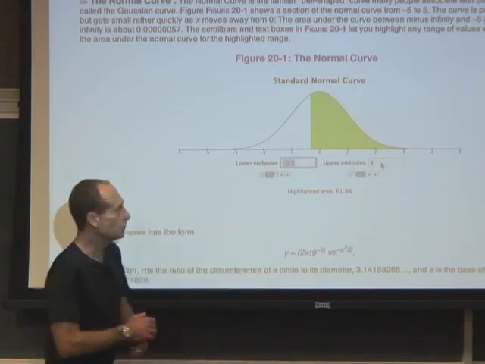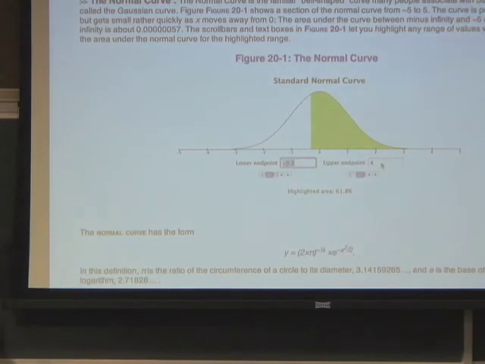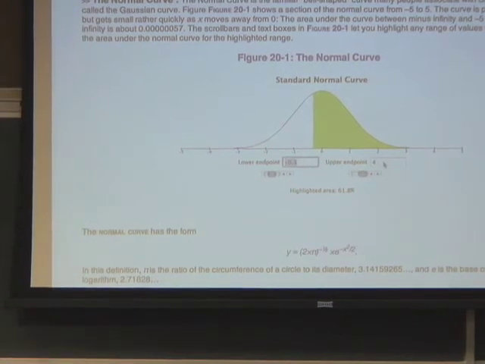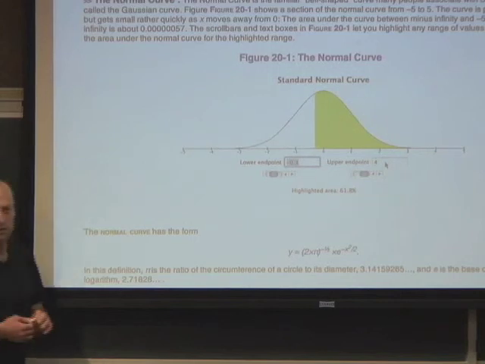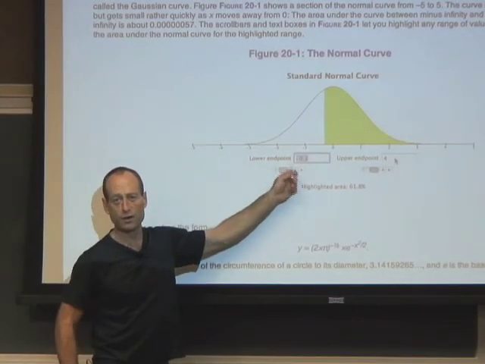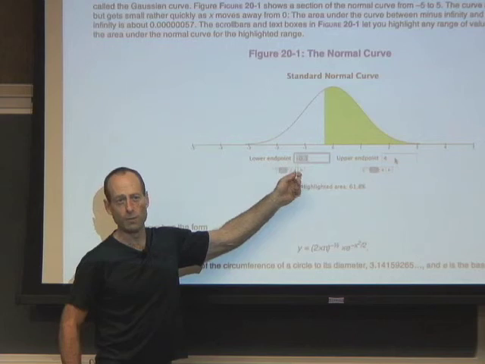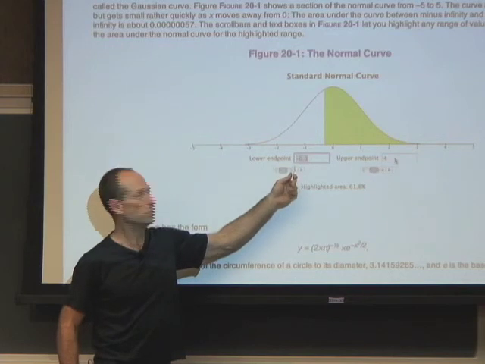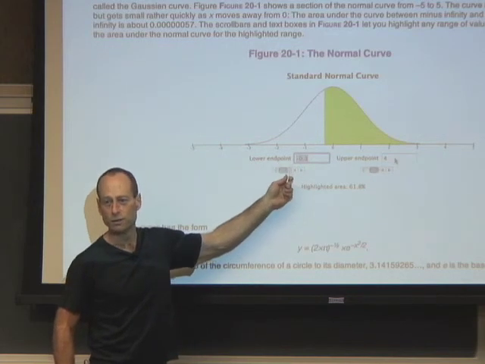Okay. So what does the value minus 0.3 in standard units correspond to in original units? So it's minus 0.3 standard errors from the expected value. So it's 0.3 standard errors below the expected value. Right?